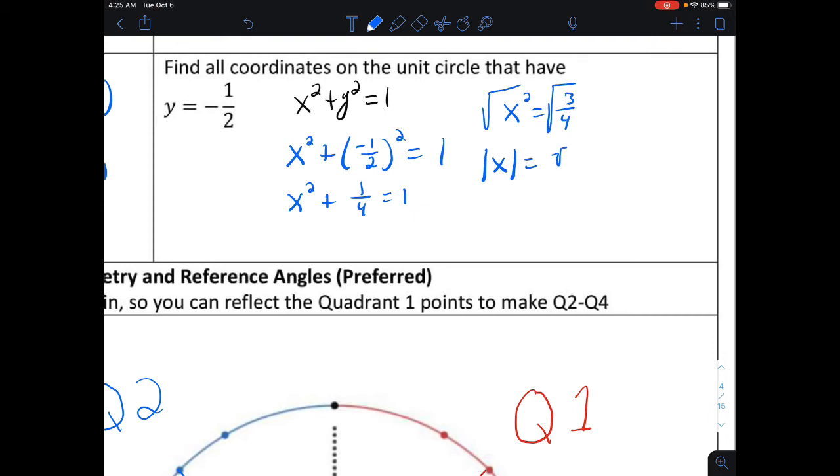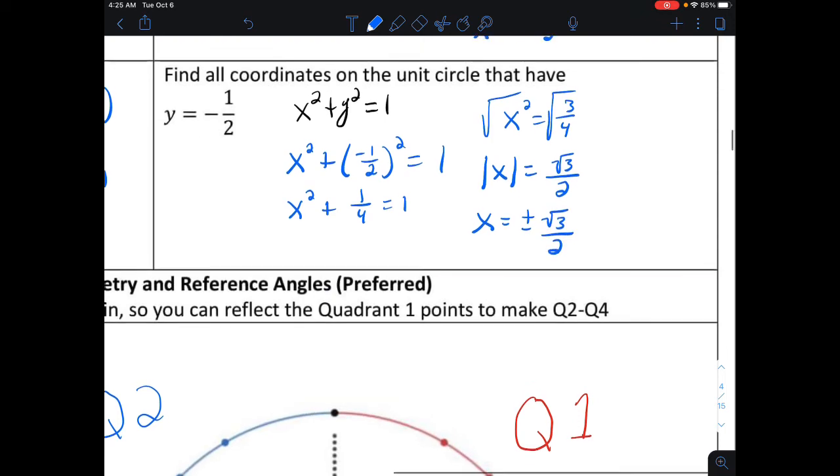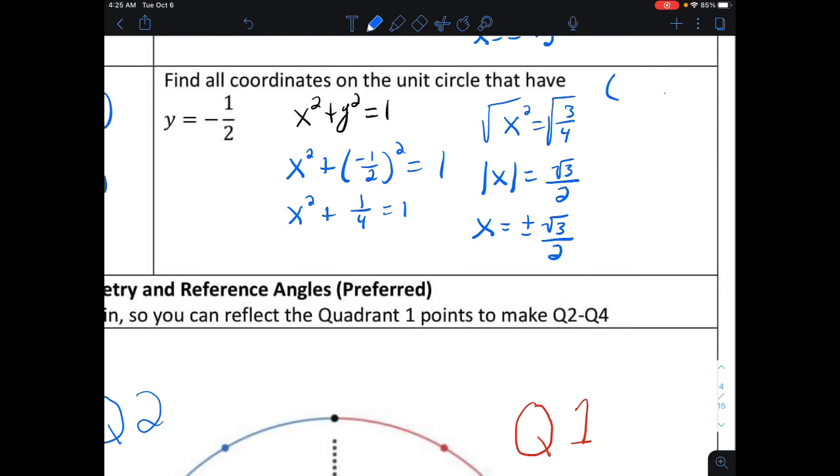The square root of 3/4 is the square root of 3 over the square root of 4, so square root of 3 over 2. And then we have two possible values for x because of that absolute value, x could be positive or negative square root of 3 over 2. So our coordinates here that would have a y value of negative 1/2 that lie on the unit circle would be positive square root 3 over 2 or negative square root 3 over 2.